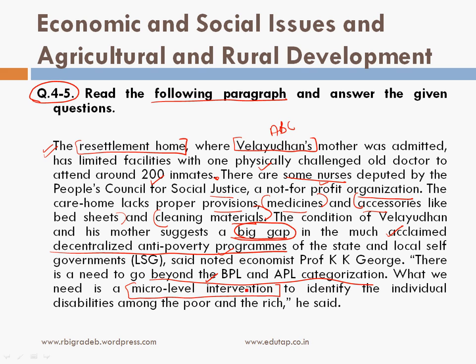Micro level means at the level of the person, maybe at the level of the household, because BPL and APL categorizations are macro level categorizations. We have to go to micro level intervention, where you look at the different disabilities. You don't just categorize people into BPL and APL, you see the different disabilities or needs of the people at the micro level, not just economic needs, to identify the individual disabilities among the poor and the rich, he said.